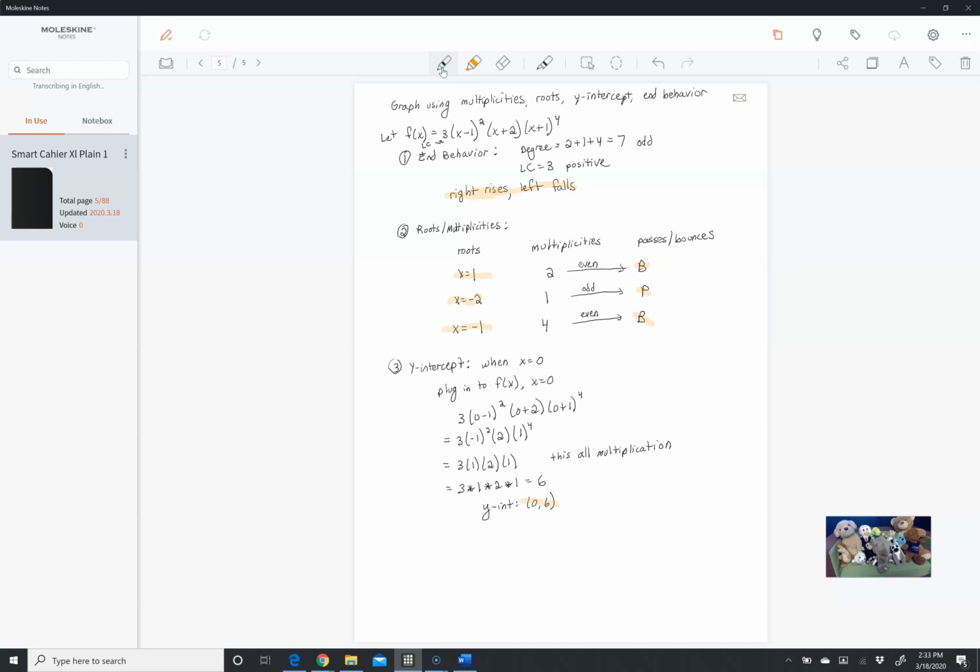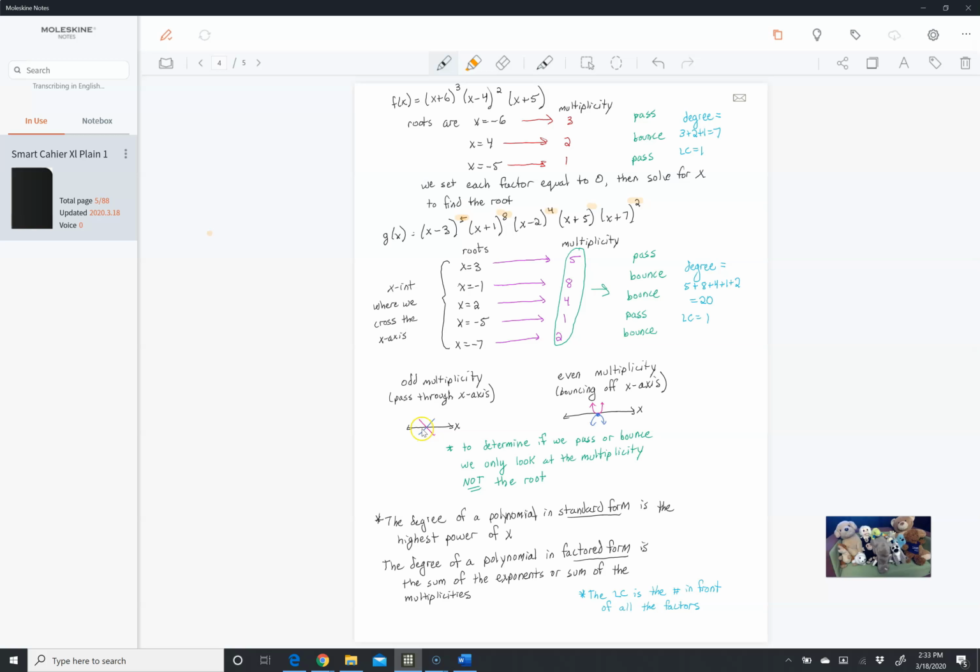The order matters. The reason why the order matters is that the end behavior is going to tell you in which direction it bounces. So if you remember, when we talked about bouncing and crossing, we said it could bounce in two different ways. Either you're coming from above the x-axis or you're coming from below the x-axis. Here, you're going either from top to bottom or bottom to top.